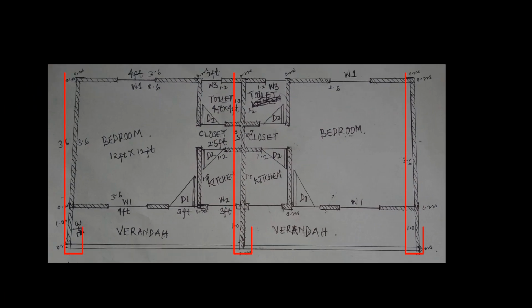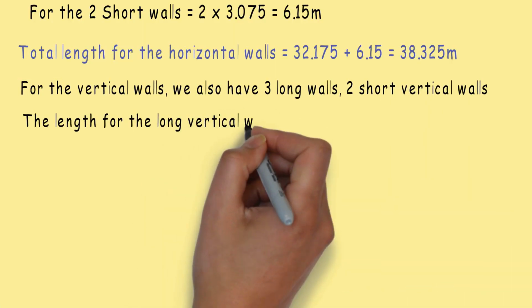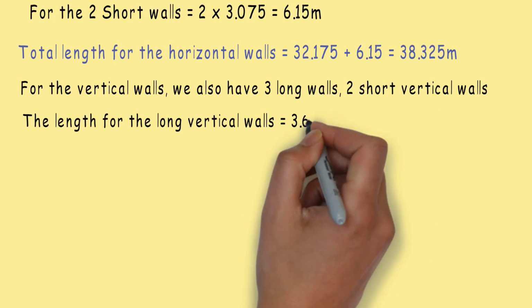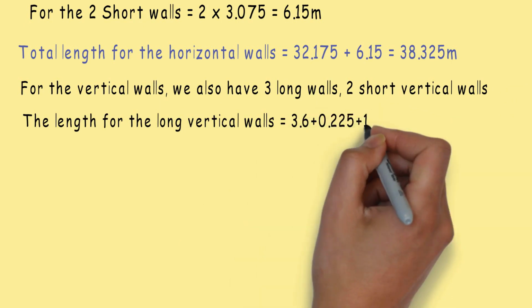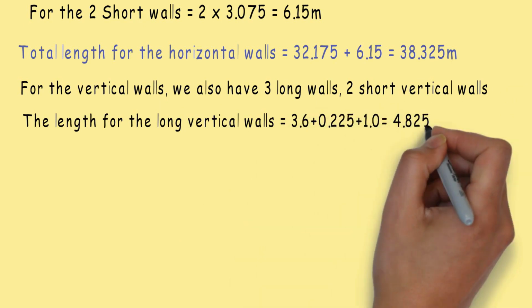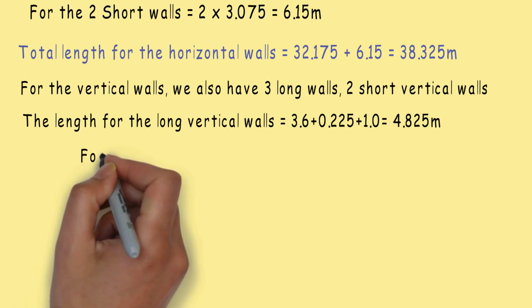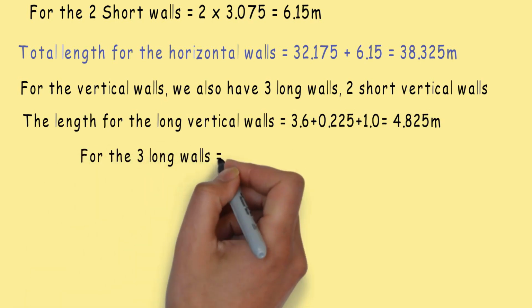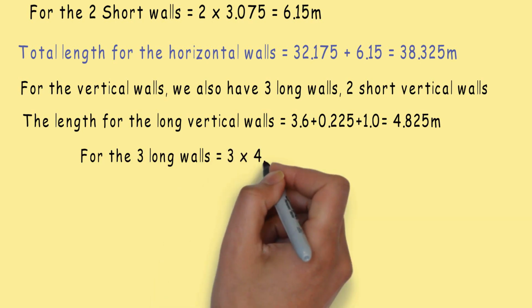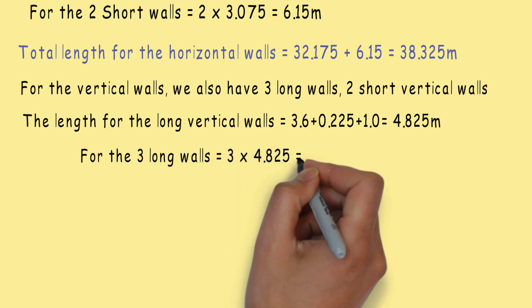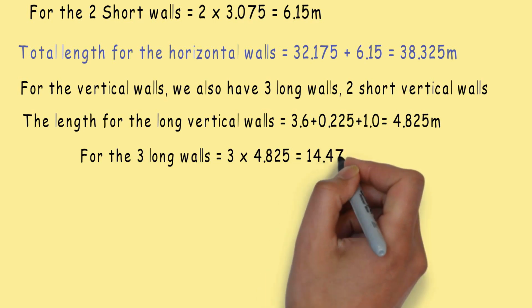For the vertical walls, we also have 3 long walls and 2 short walls. The length of the long vertical wall equals 3.6 plus 0.225 plus 1.0, which equals 4.825 meters. For the 3 long walls, 3 multiplied by 4.825 equals 14.475 meters.